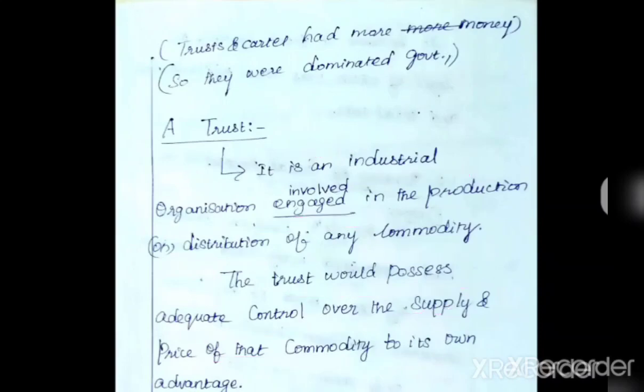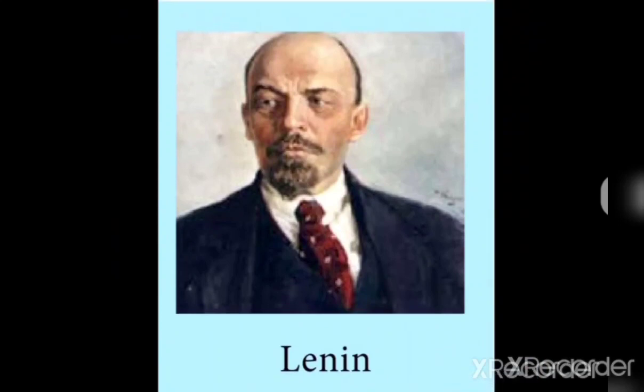So the next one, what is given in your book? This personality, I think all know, Lenin. Yes, he is Lenin. Regarding Lenin, what is given in your book under the para imperialism and its essential characteristics? According to Lenin, imperialism is the highest stage of capitalism. What does imperialism mean?